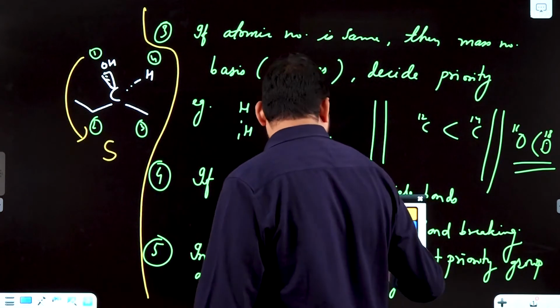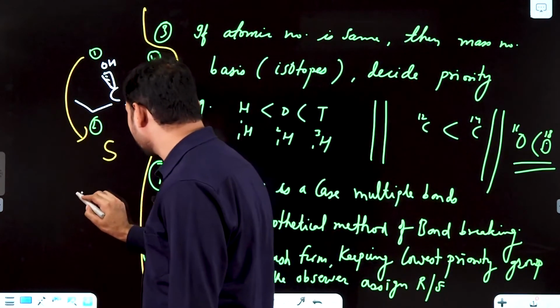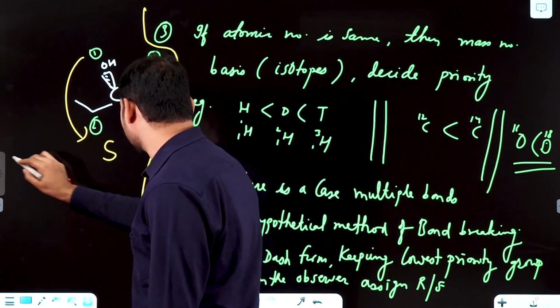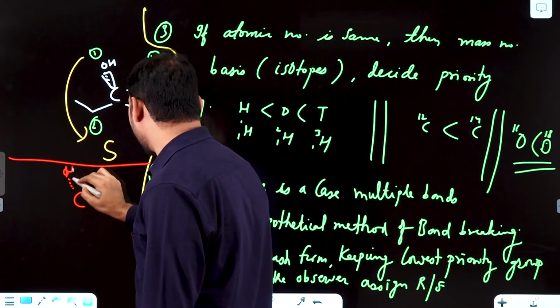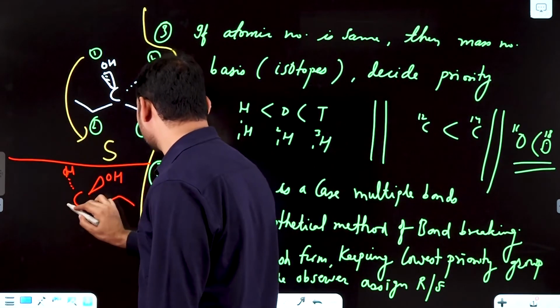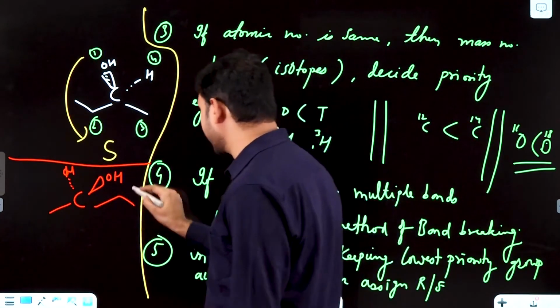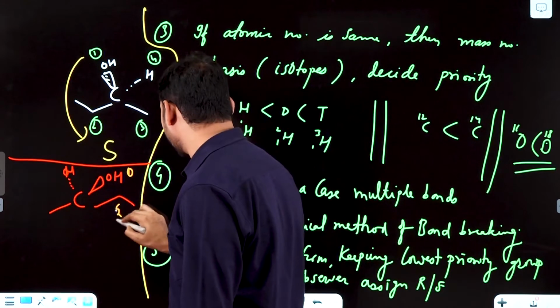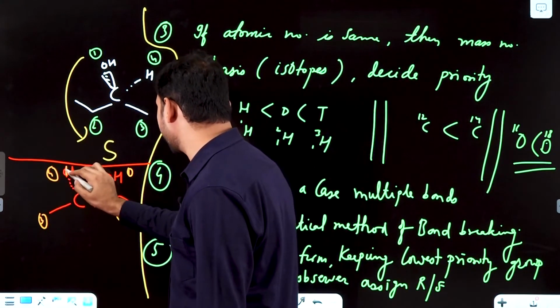Again, let me draw another structure. This is your H, OH. Now in this one, if I have to check whether it is R or S, OH will be 1, this is 2, and this is 3, and this is 4, which is hydrogen.